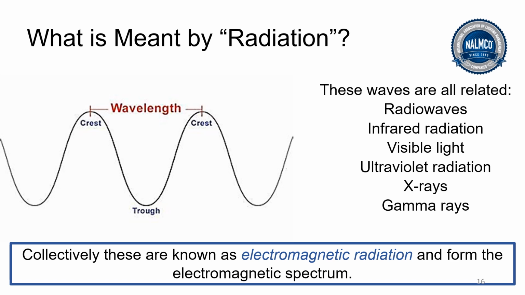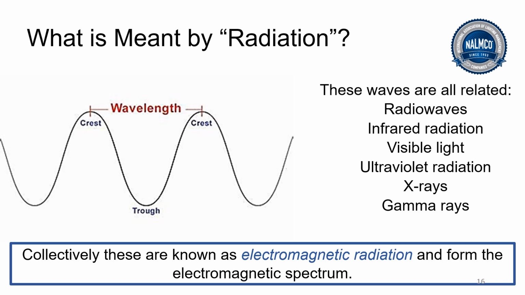So anyway, the whole spectrum of different radiations are listed here, everything from radio waves to infrared, visible, ultraviolet, X-rays, and gamma rays. All of these collectively are known as electromagnetic radiation. You may hear that term from time to time. And the whole spectrum across this many different wavelengths is referred to as the electromagnetic spectrum.